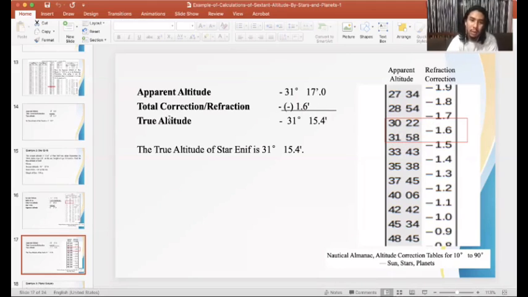That's where we got our total correction or refraction. So to get our true altitude, we subtract the total correction from our apparent altitude. So this is the result, and we got our true altitude, which is 31 degrees and 15.4 minutes. So the true altitude of star NF is 31 degrees and 15.4 minutes.